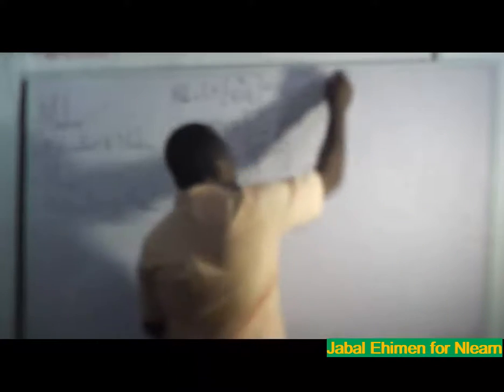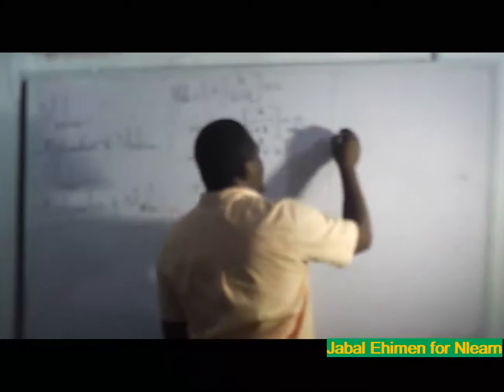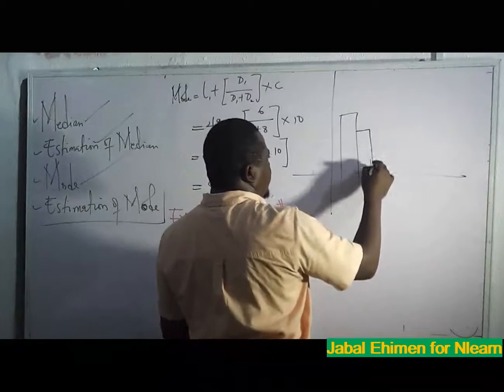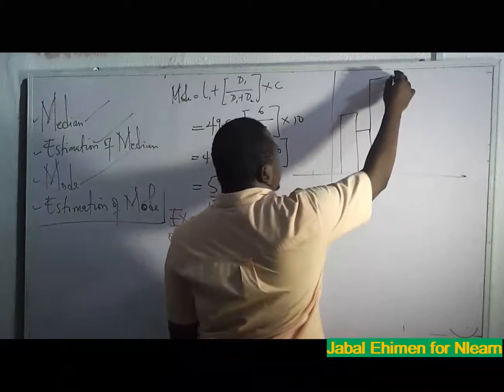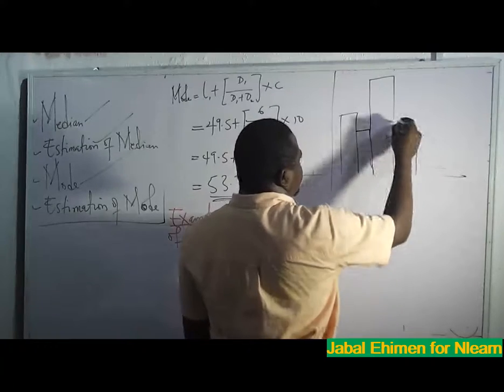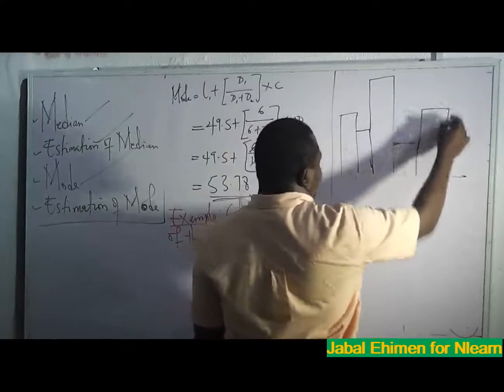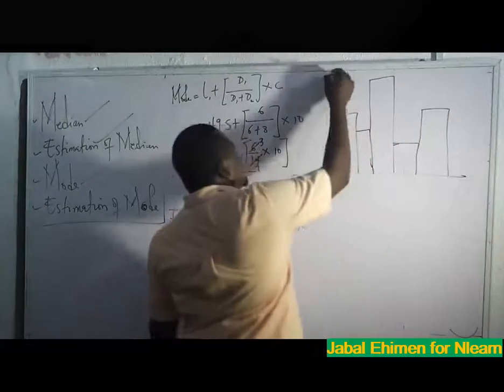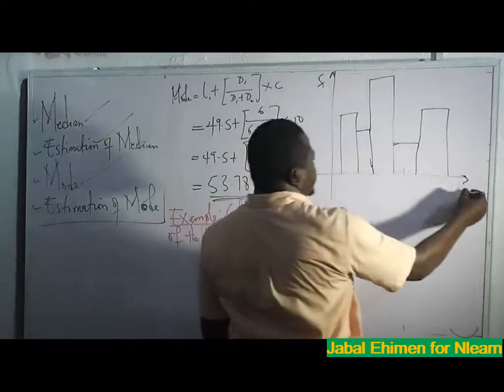Maybe you have a graph that you plot, and you have something like this, some of that nature. You look for the highest of all. Maybe that's the frequency and that is the max.